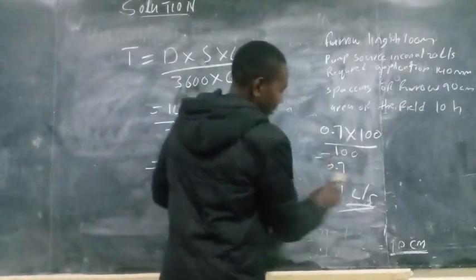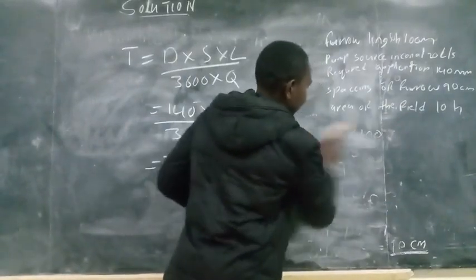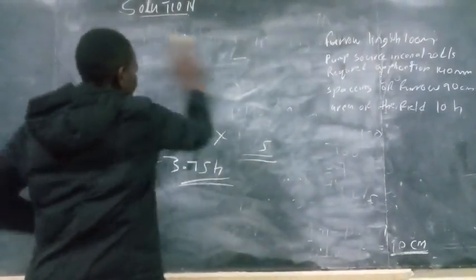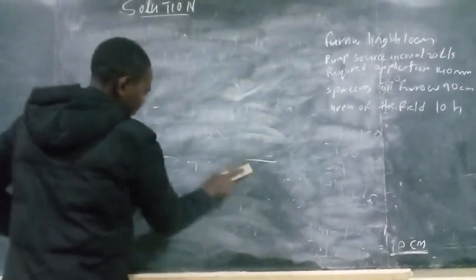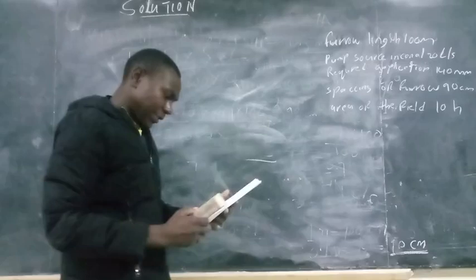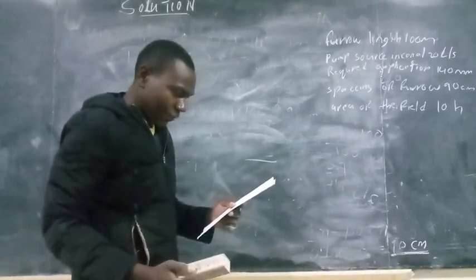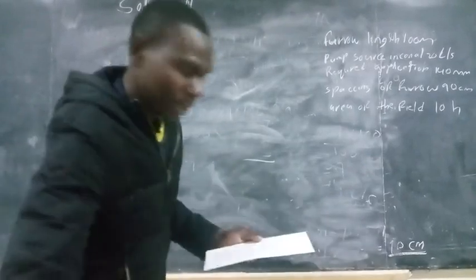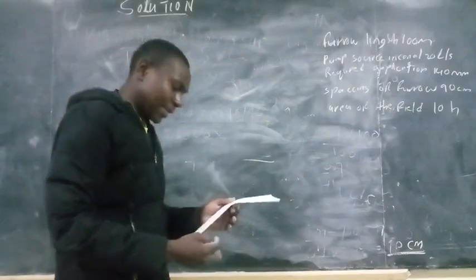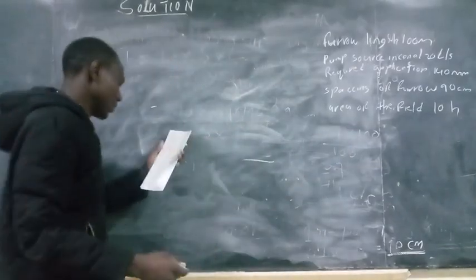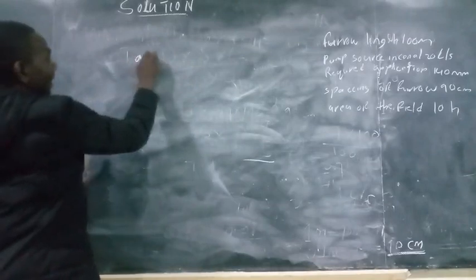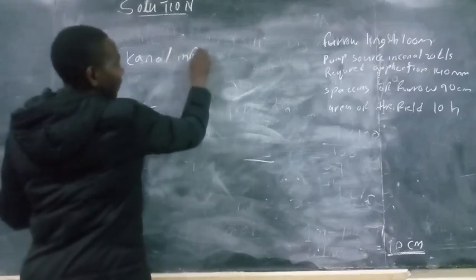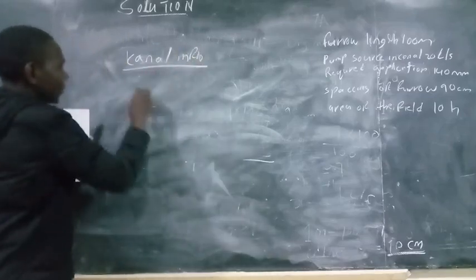Let's go to another question, which is question B. In question B, we are finding the number of furrows that can be irrigated at the same time. To find that, first we have to say the canal inflow over the furrow inflow.